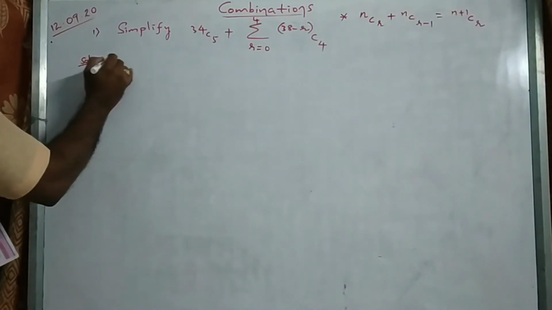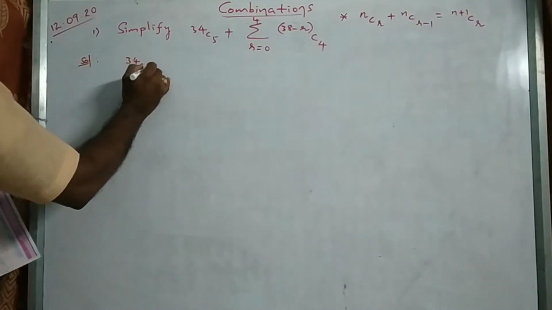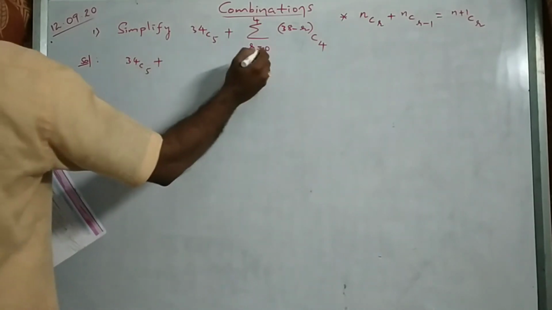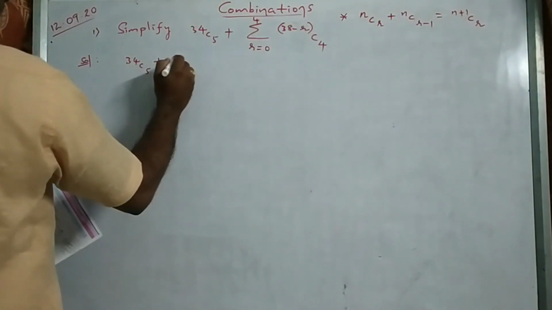Now first I will expand that. 34C5 plus, in the place of R put 0 first.